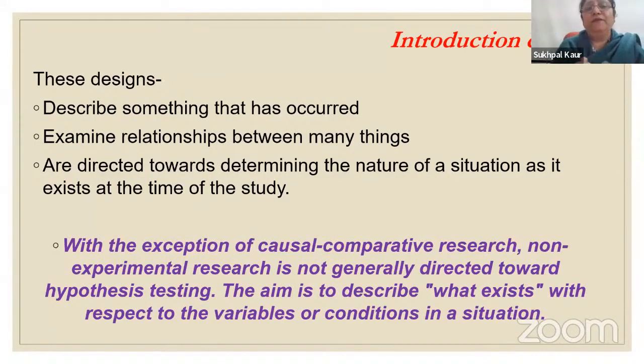In certain designs, we just have to see how things are happening. In certain designs, we can go for the correlation between the various variables. And these are directed towards determining the nature of a situation as it exists at the time of the study. So with the exception of causal comparative research, non-experimental research is not generally directed toward hypothesis testing. The aim is to describe what exists with respect to the variables or the conditions in a situation.